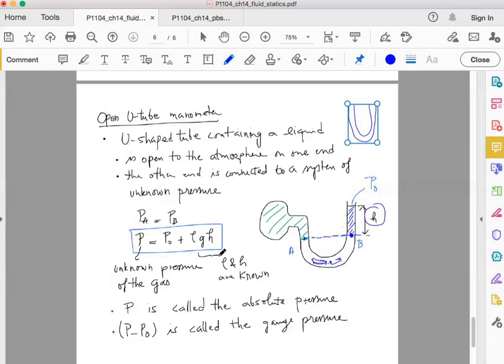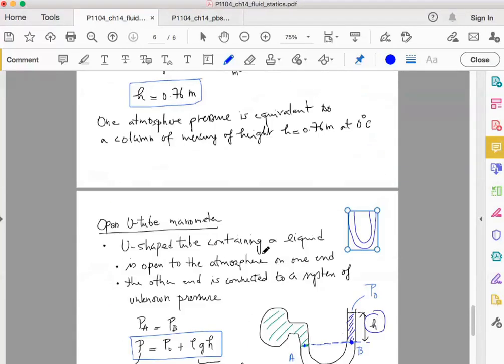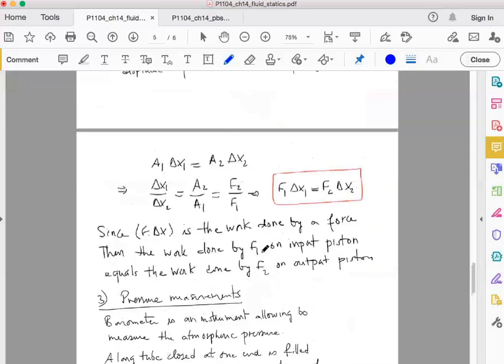In other words, in this case you are measuring the pressure not relative to zero, so you're not looking for the absolute value, however you are looking for a relative value, which is how much more or less relative to P0, the atmospheric pressure. So this is what concerned the pressure measurements. This is it for this fluid statics.